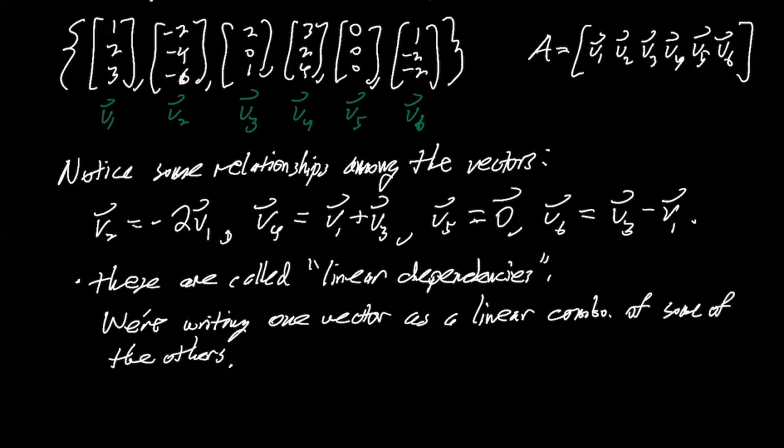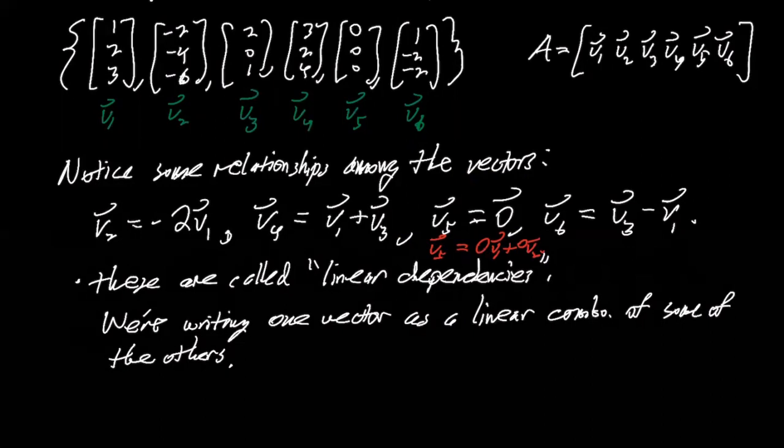Even this one, which you might think is kind of weird, we could think of as v5 being 0 v1 plus 0 v2 and so on. It's kind of silly, but it is still a linear combination in that sense.